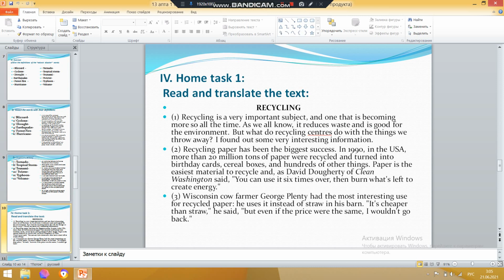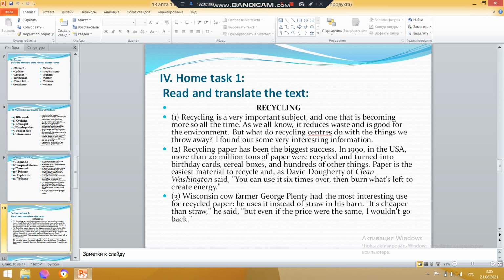Recycling paper has been the biggest success. In 1990 in the USA, more than 20 million tons of paper were recycled and turned into birthday cards, cereal boxes, and hundreds of other things. Paper is the easiest material to recycle, and as David Doherty of Clean Washington said, you can use it 6 times over, then burn what's left to create energy.